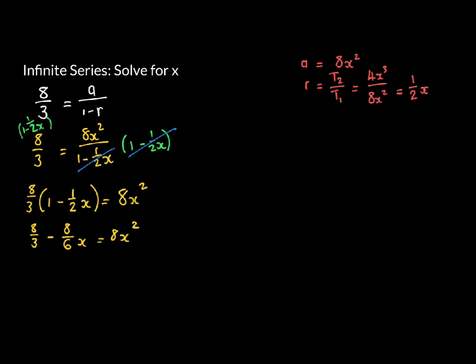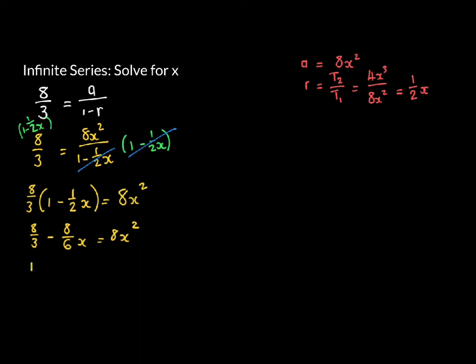Now what we're going to do next is look for a lowest common multiple. So 8x squared is the same thing as 8 over 1. And then we're going to see that the lowest common multiple here is 6. So we're going to multiply out to make sure that the bottom can go away. So to get this denominator 3 to 6, I'm going to multiply by 2.